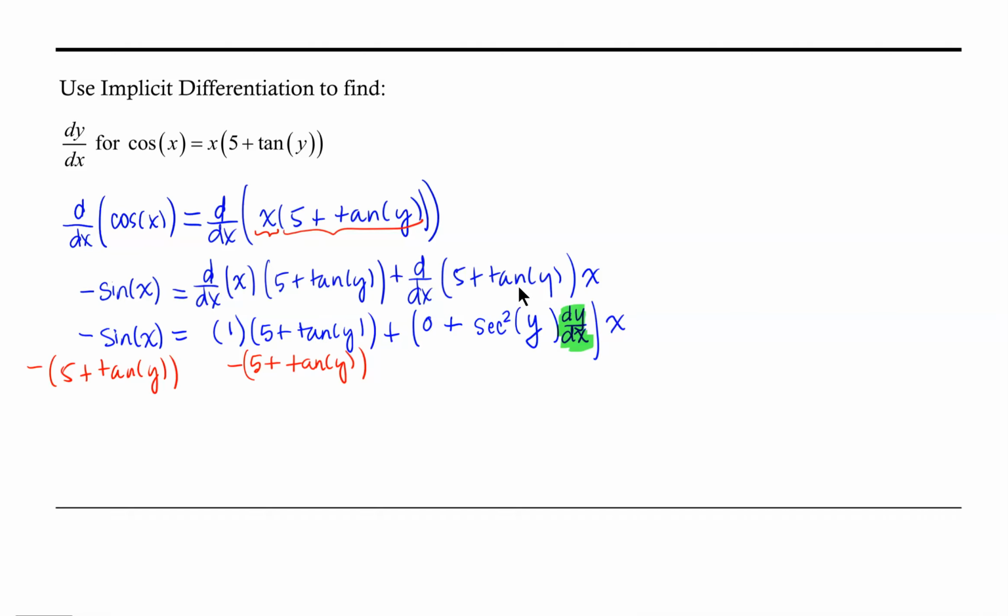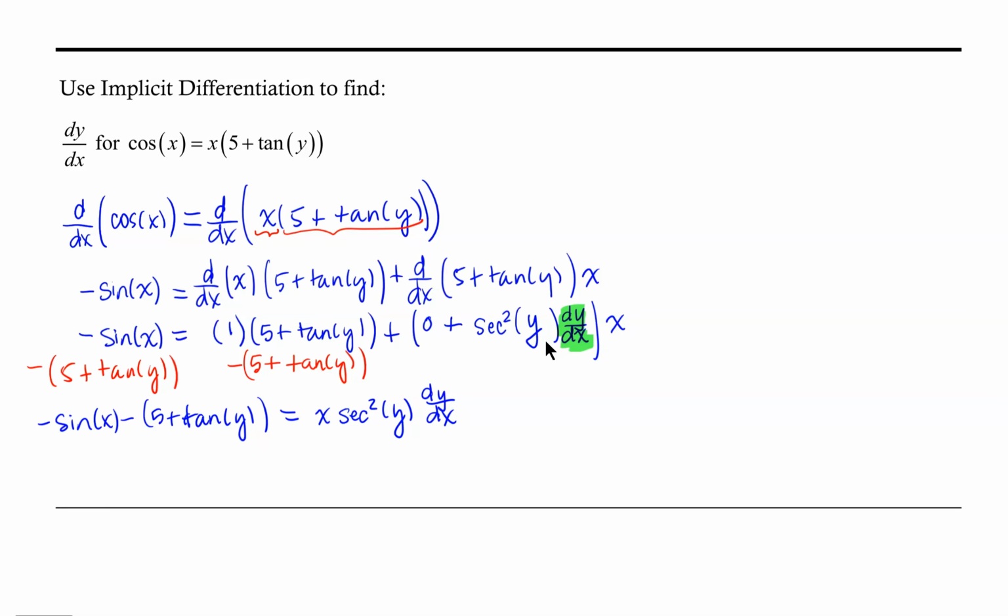And this leaves us with negative sine of x minus 5 plus tangent of y equals, and then on the right hand side, what we're left with is this x times this secant squared of y dy dx. So x secant squared of y times dy dx.